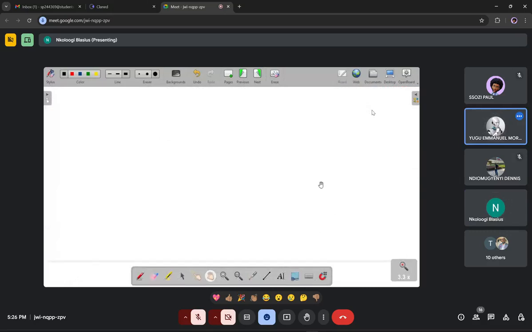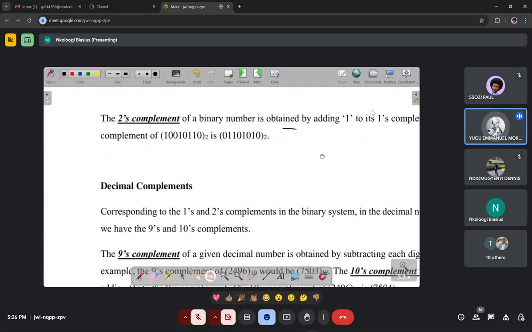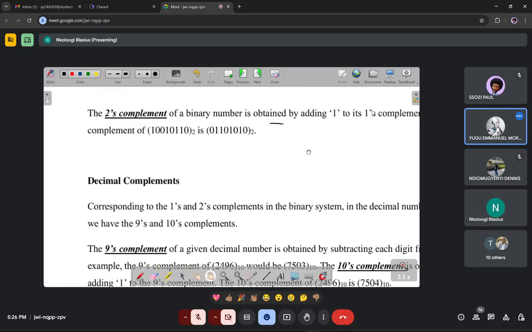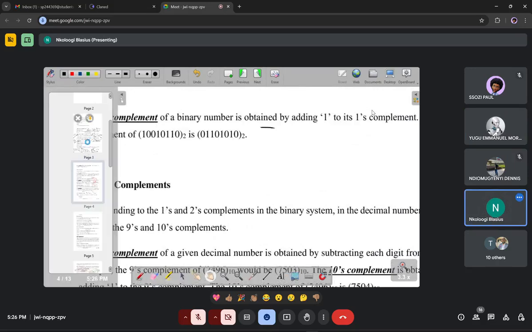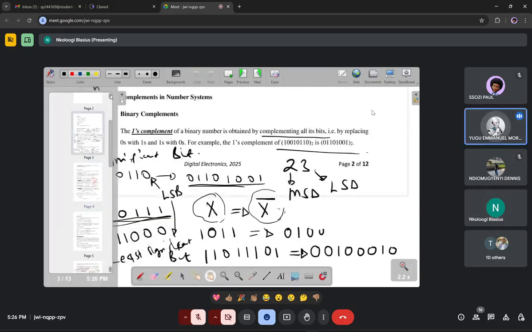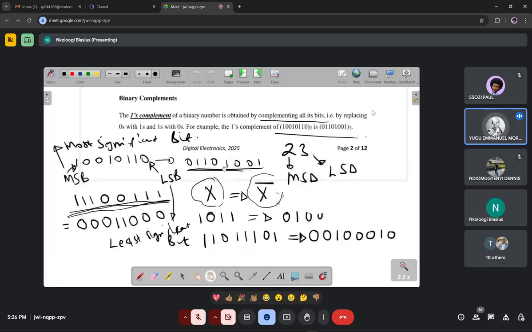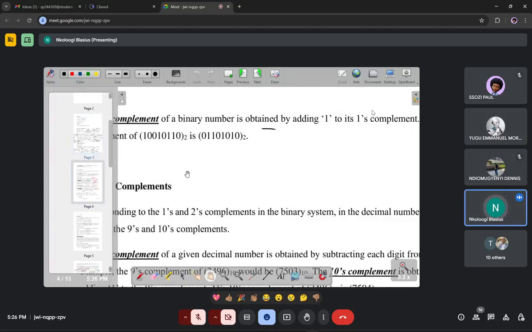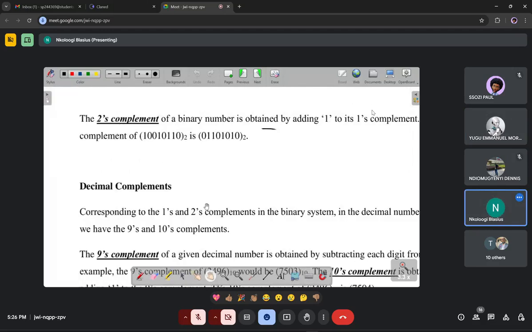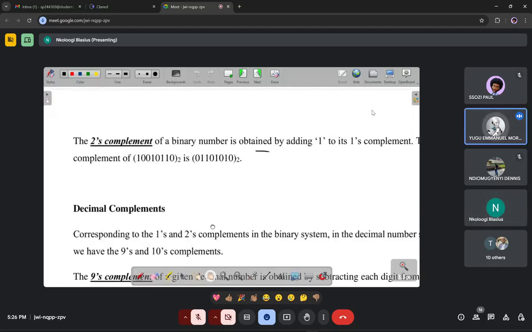After the one's complement. What is the issue with the ones complement now? After the ones complement, we went to the twos complement.